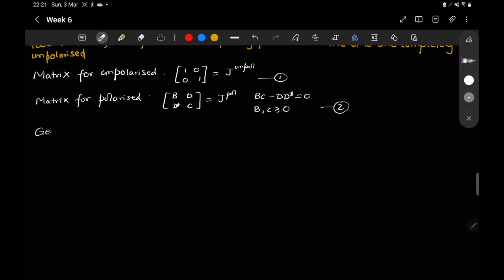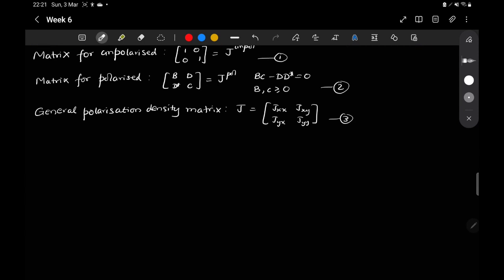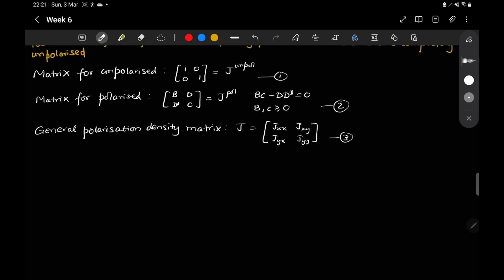Now, the general polarization matrix is given as J, and this can be written as the sum of polarized and unpolarized matrices.